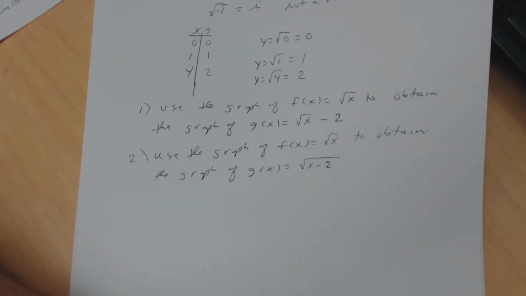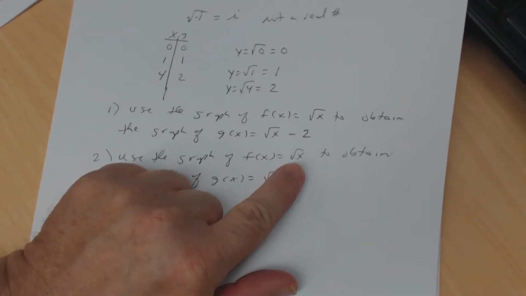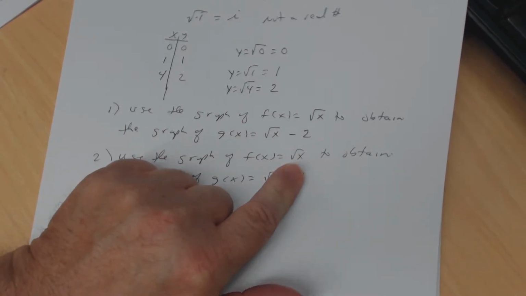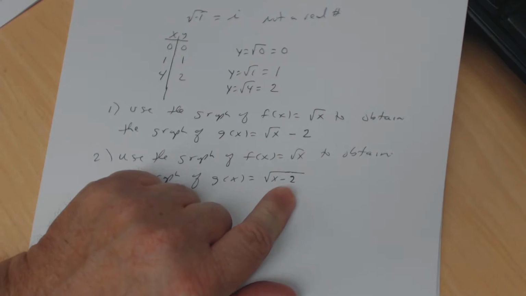All right, so listen carefully to this. Remember, the way they want you to do this is to graph the parent function and then use the idea of translation in order to do this.